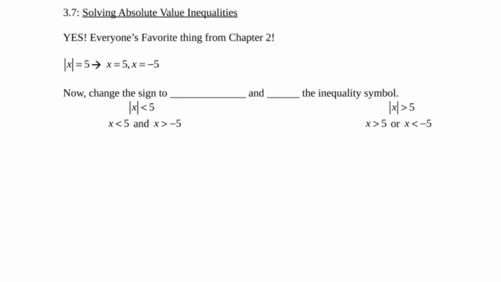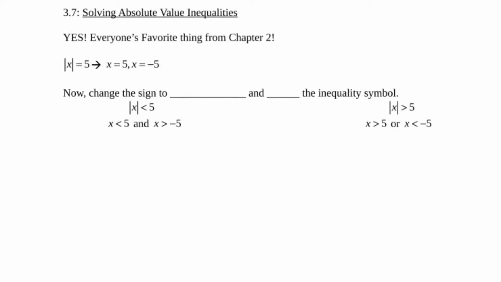And when we did that, the first thing we had to do was get the absolute value all by itself. And then we had to set up our two cases, where in the second case we had to change the sign on the number on the right-hand side of the equation to negative. So we're still going to set up two cases solving absolute value inequalities.